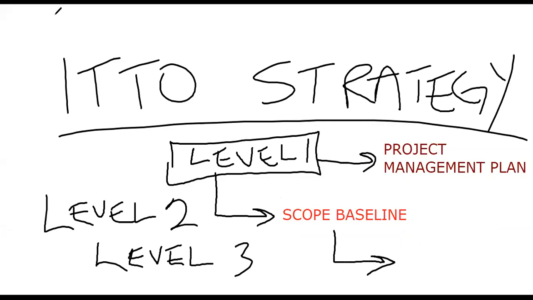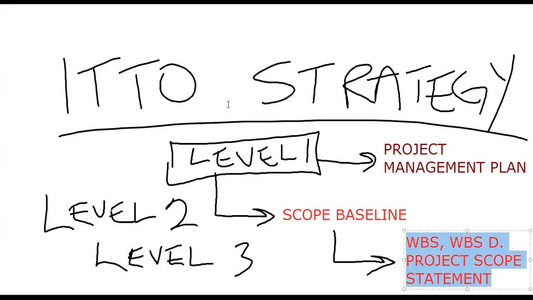So at level 3, at this tier of understanding, we're talking about the WBS dictionary, and the project scope statement. For example, this would be at level 3 in my mind, in this particular relationship.